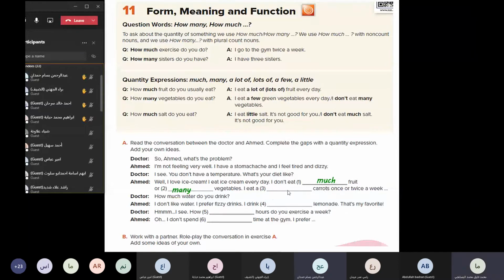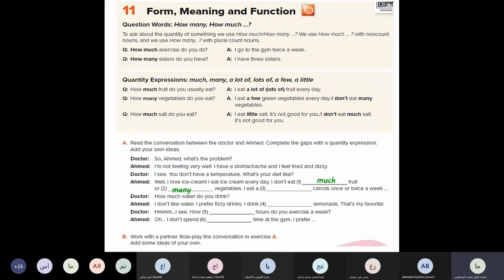Number 3 here, yeah. I eat a few carrots, once a week. Good. Yes, I eat few carrots, not a few. Few carrots.